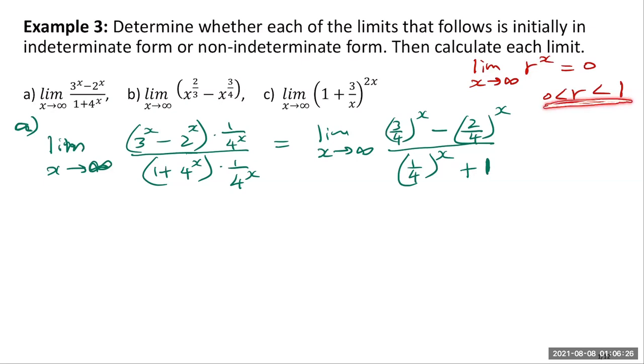If r is a number between 0 and 1, then the limit of r to the power x as x approaches infinity is 0. Okay. I'm not going to prove this result now, but you can always experiment with these things. Take a particular number for r, which is between 0 and 1, and put a very big power here and see whether it is getting closer and closer to 0 when you make your x bigger and bigger.